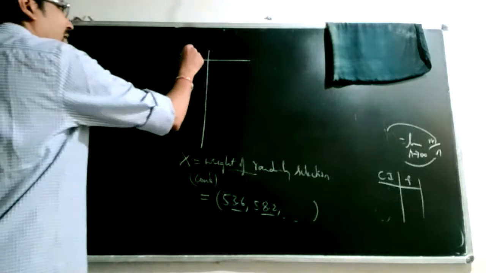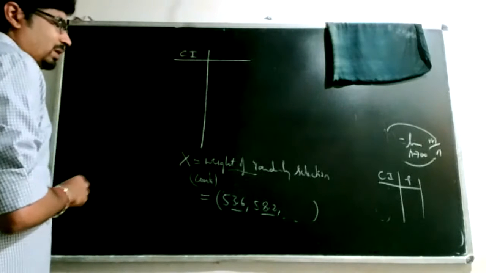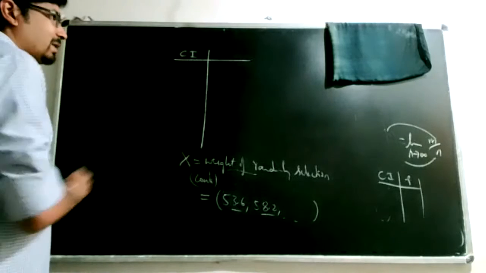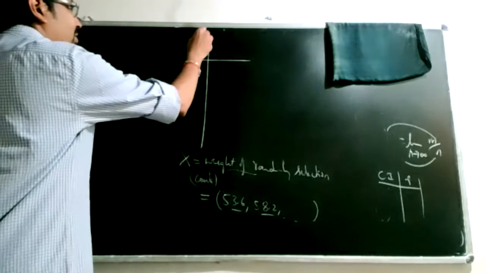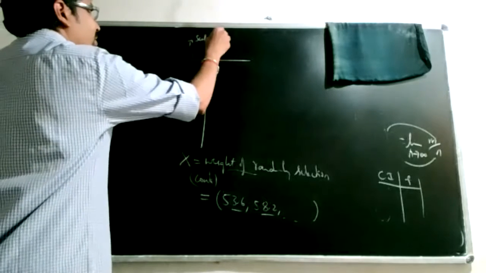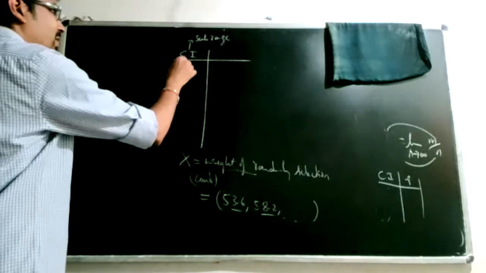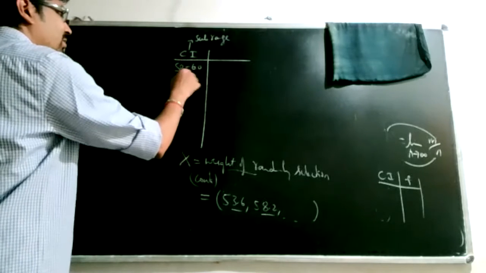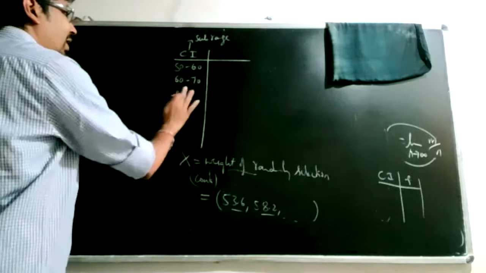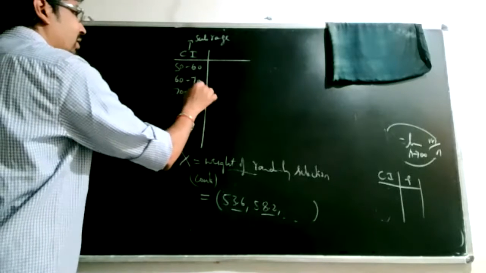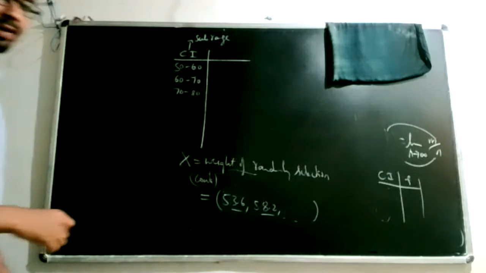In that case, we use the concept of class intervals, or shorter sub-ranges. You divide your entire range of data into sub-ranges, say 50 to 60, 60 to 70, 70 to 80, and so on, and for those you compute the frequencies.